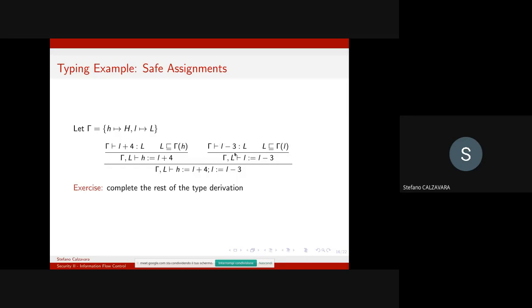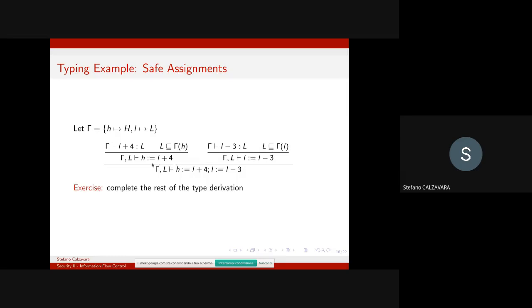And low minus low is low, okay? Here we are missing a part of the type derivation, which I ask you to complete as an exercise, but it should not be surprising that the expression L minus 3 is indeed public. And this is fine because we are storing some public information inside the variable L, which is indeed public, okay? So this part of the proof tree is completed.